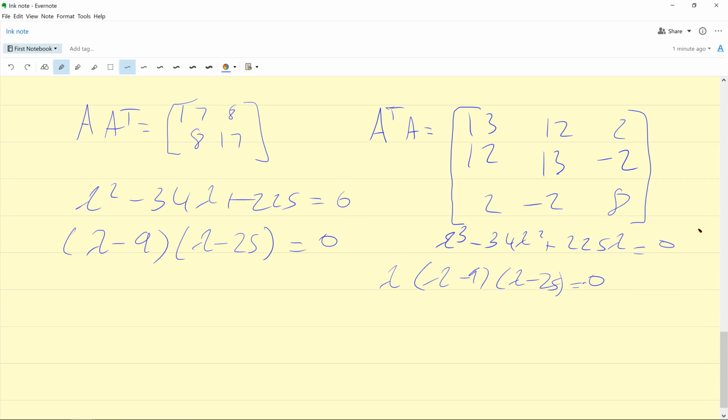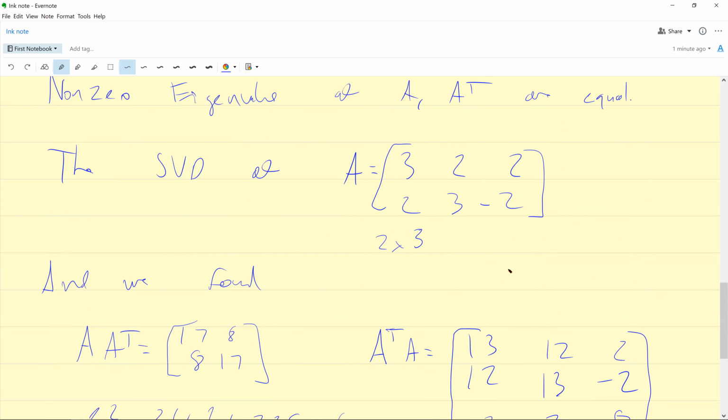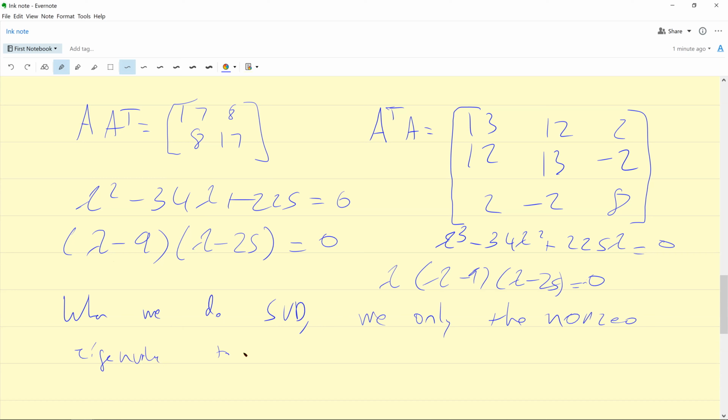And that agrees with what we proved a little bit earlier, that if we have an eigenvalue of one and it's not 0, it's going to be an eigenvalue of the other one, right? And when we actually do SVD, we only need the non-zero eigenvalues to get our singular values.